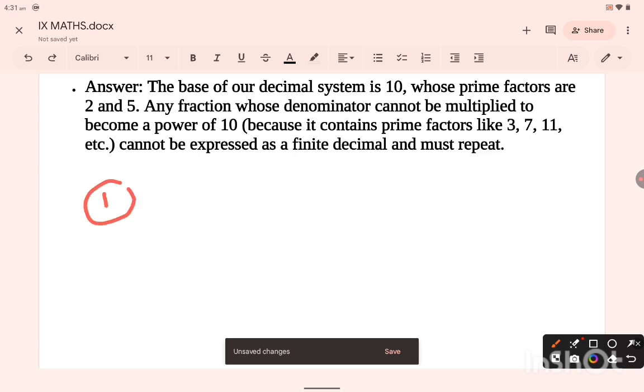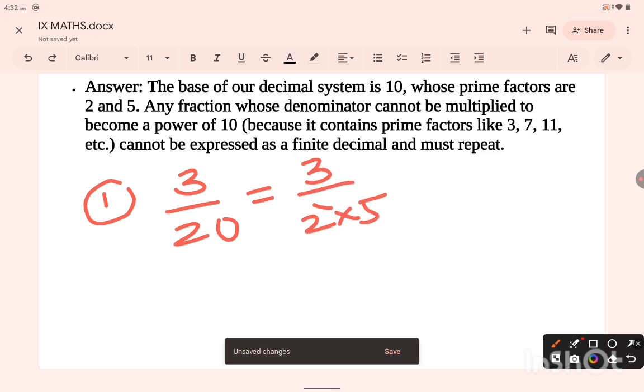For example, 3 by 20. This is in simplified form because both 3 and 20 have no common factors other than 1. Here 20 can be expressed as 2 to the power of 2 into 5 to the power 1.